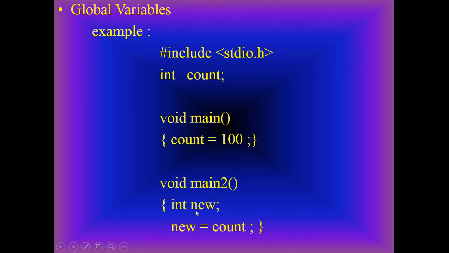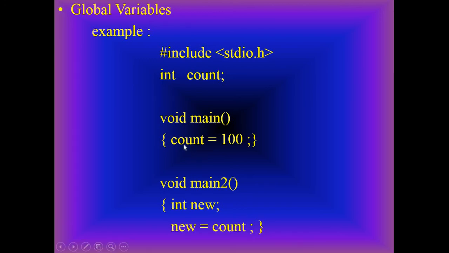Pag abot na diri karon mag-error na siya nga naman wala man siya kaila kang x. Okay? Wala siya kaila kang x. So ang x is exclusive lang kay void main. It is not allowed to be used in main 2. Okay? That's the difference between local and global.